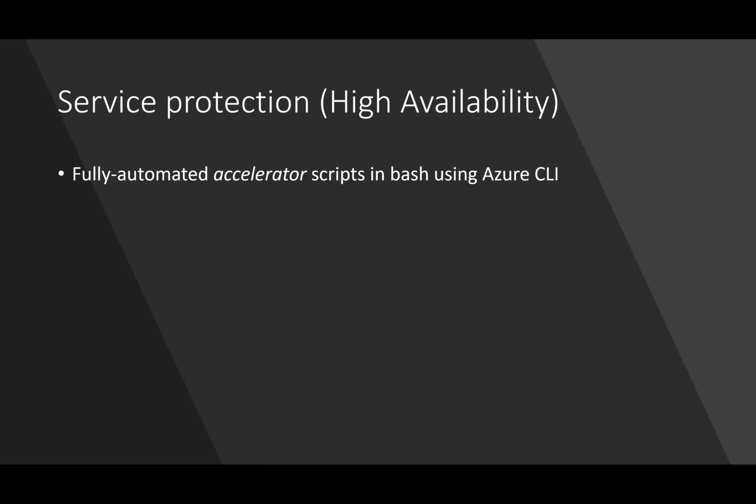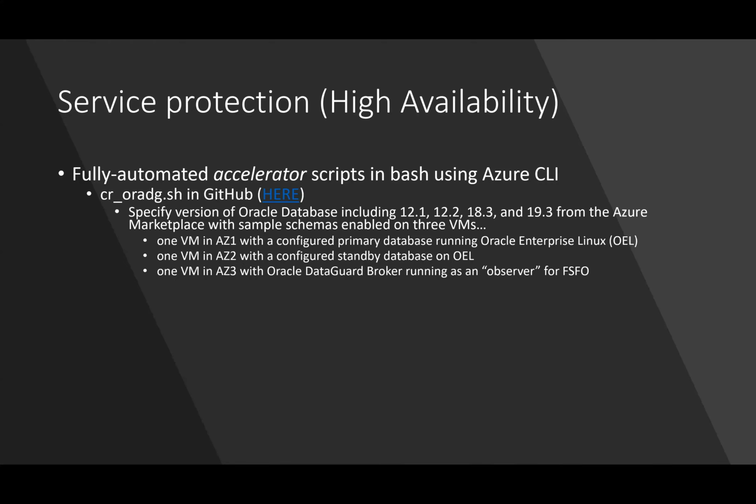I've got another fully automated accelerator script in Bash that sets up 3 VMs: one with a configured primary database on OEL, the second with a standby database in max availability mode on a second node in another availability zone, and then a third very small VM in a third availability zone that runs DataGuard Broker as an observer for fast start failover.